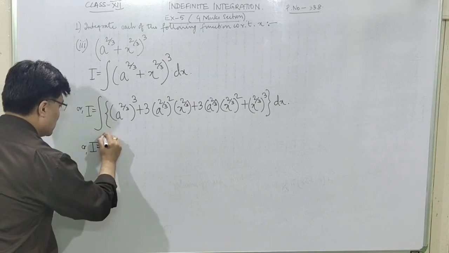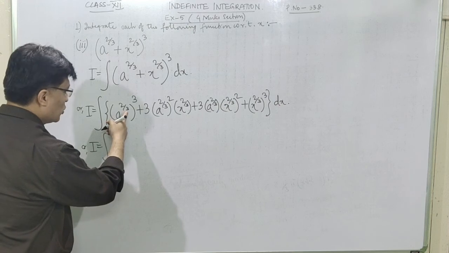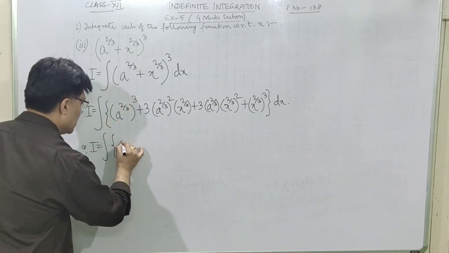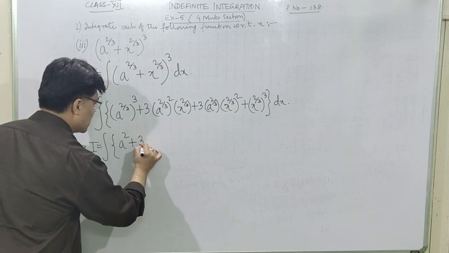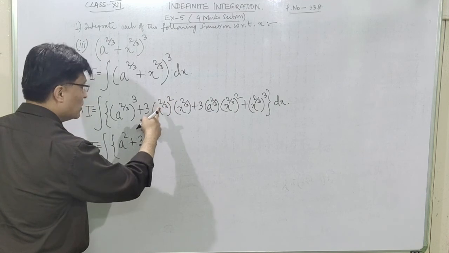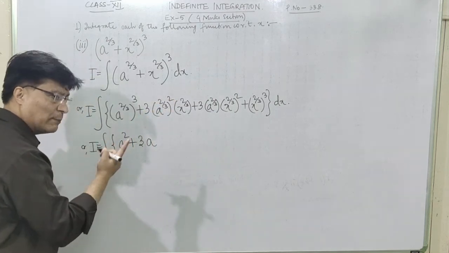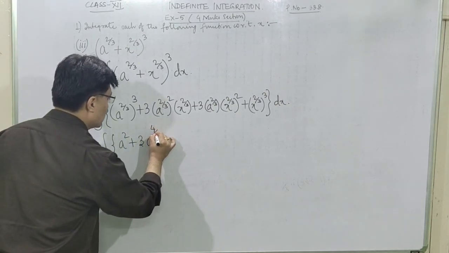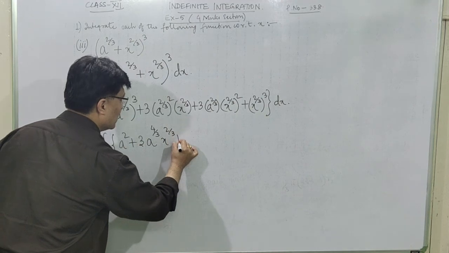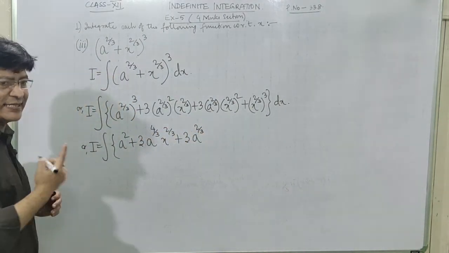Or I is equal to integration of, within the second bracket, now how much is it? So we can cancel this 3. 2/3 into 3, the 3 gets cancelled. So we get a square plus 3a to the power 2/3 whole square, that is, these powers must be multiplied, that is 4/3, then x to the power 2/3 plus 3a to the power 2/3 remains as it is.